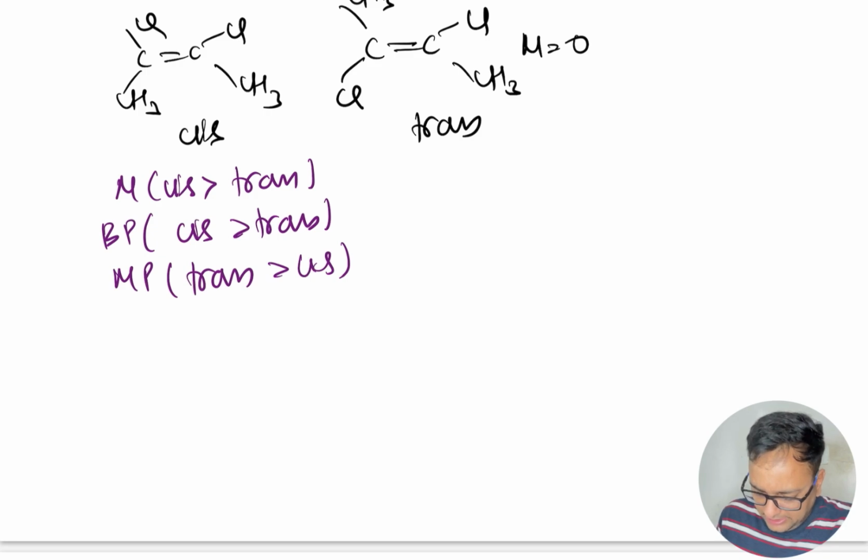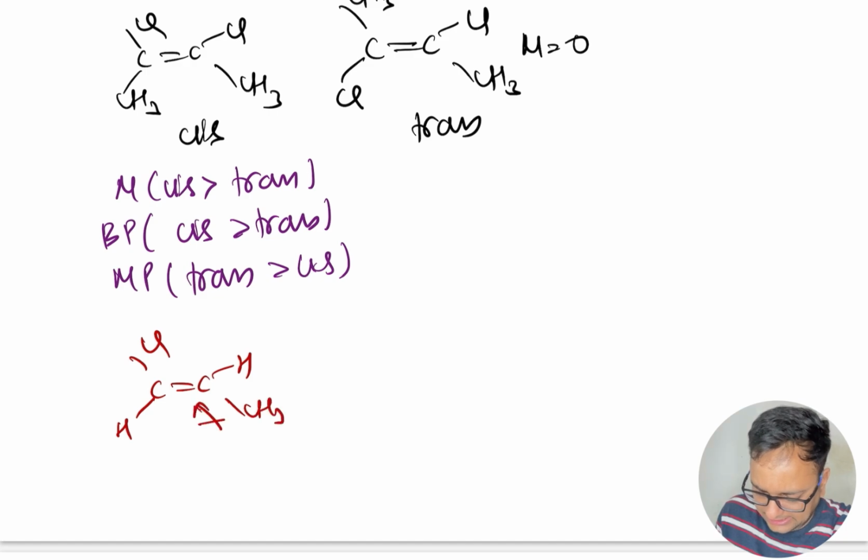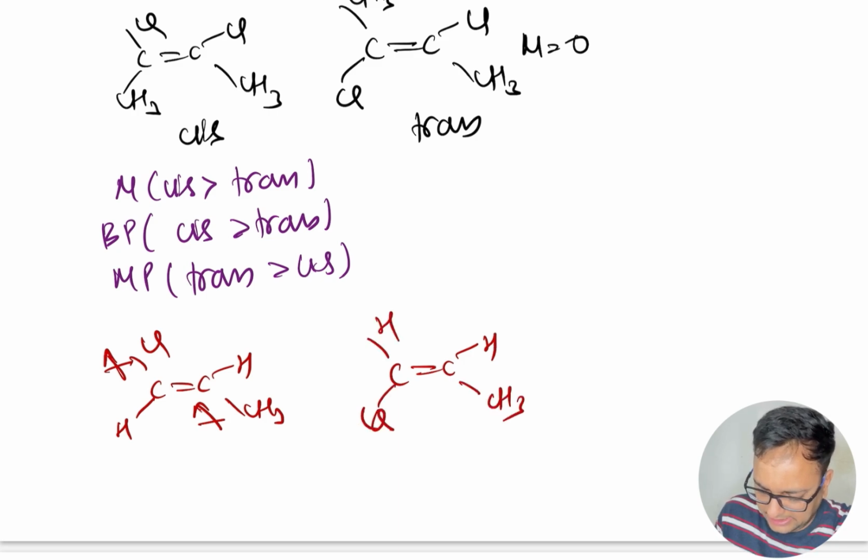Now let's take one more example. We have C double bond C, H, Cl and CH3. This vector is going in this direction and this vector is going in this direction. Then C double bond C, H, Cl, H and CH3. Here it is Cl.